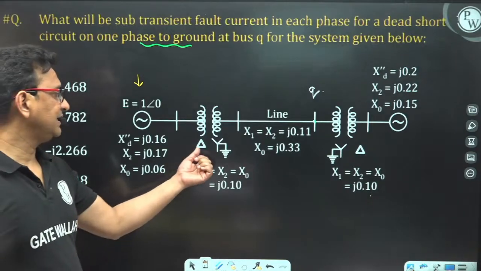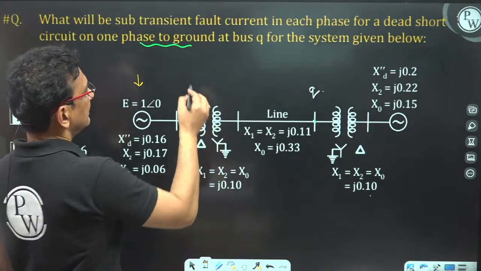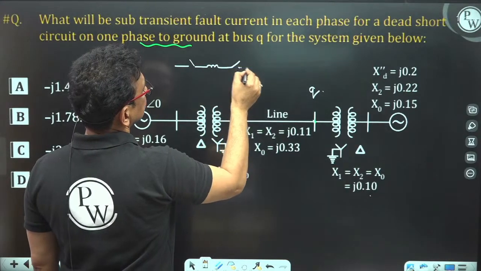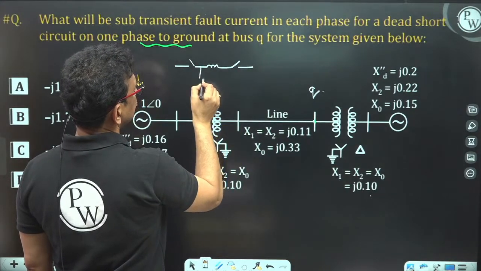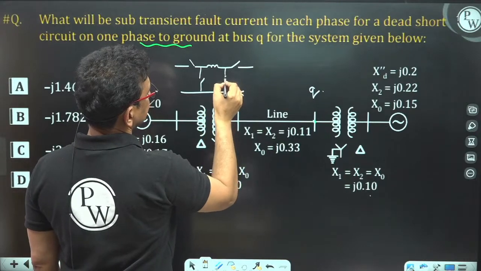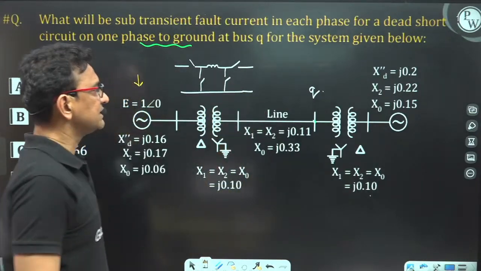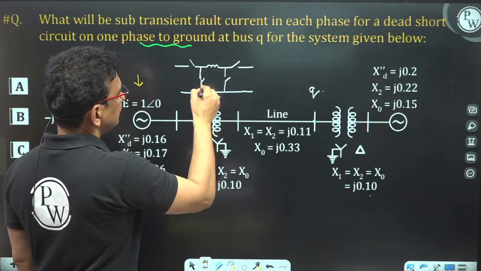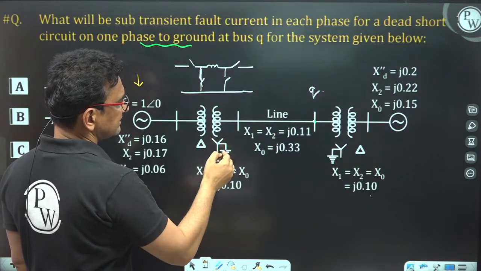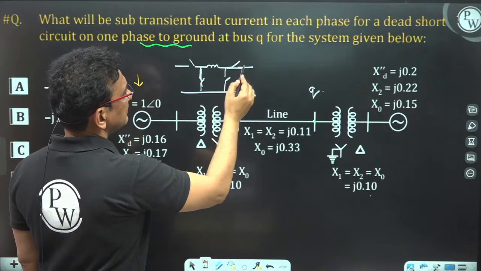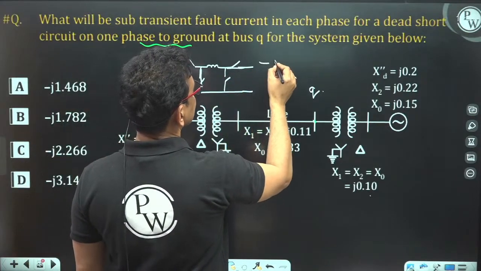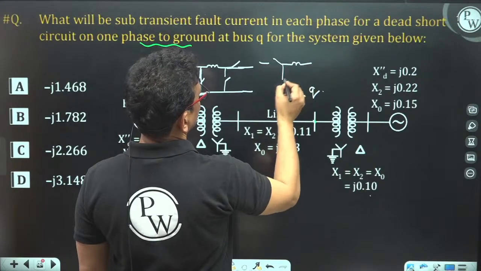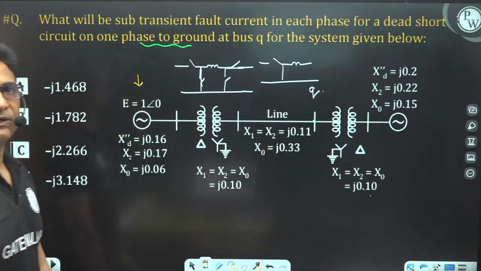Now there is a delta-star transformer. I told you the zero sequence network of a three-phase transformer is like this. Primary winding is delta connected, so this circuit will be closed. Secondary winding is star connected with the grounding, so this will be closed. So it will be like this. This is my equivalent circuit.